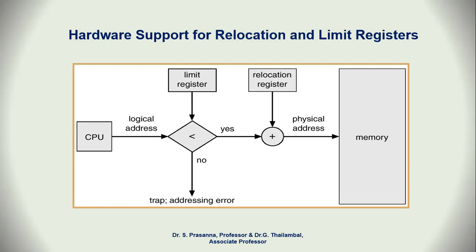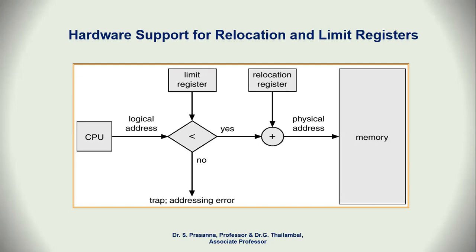So totally it is 410, but the limit register is asking for the 11th line. The logical address should be less than the limit register, but 11 is greater than 10. Therefore, it's a trap. It will show an error which is called an addressing error. But everything is fine when the logical address is less than the limit register, which means the process can continue.